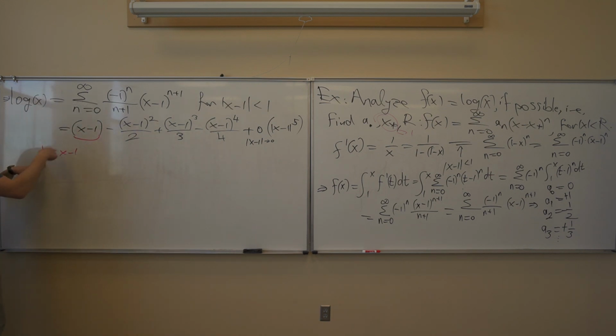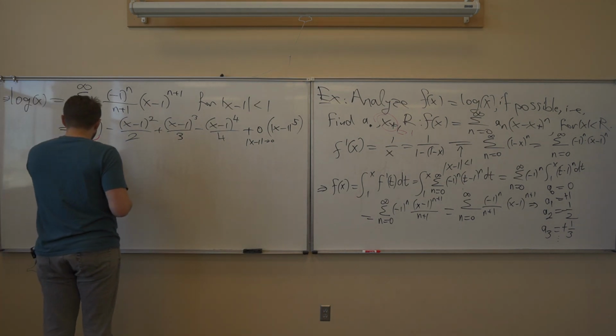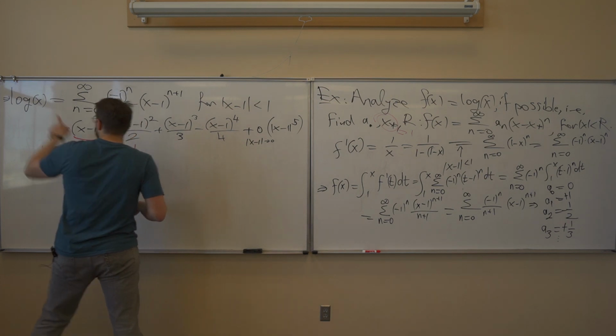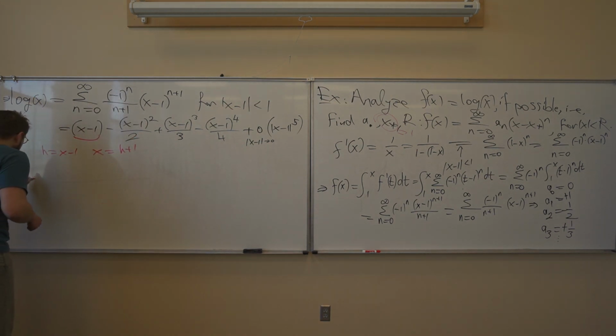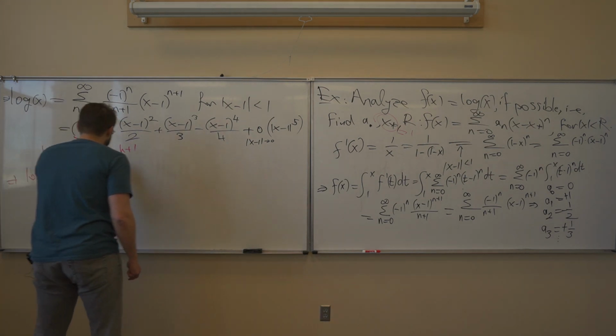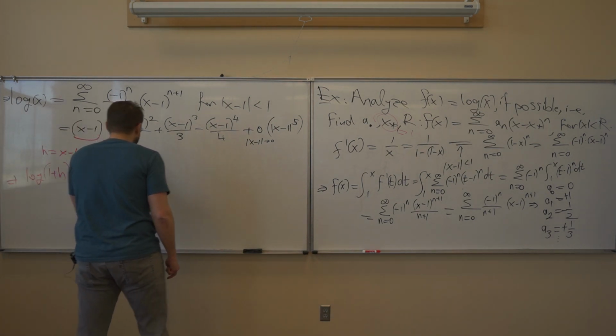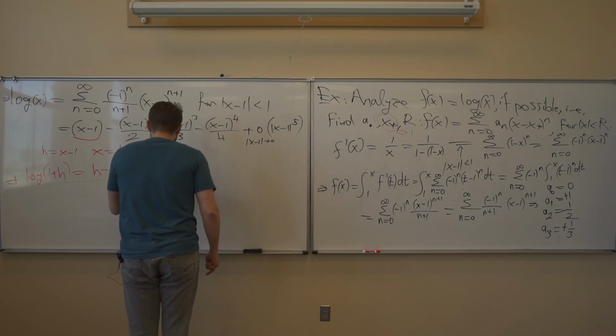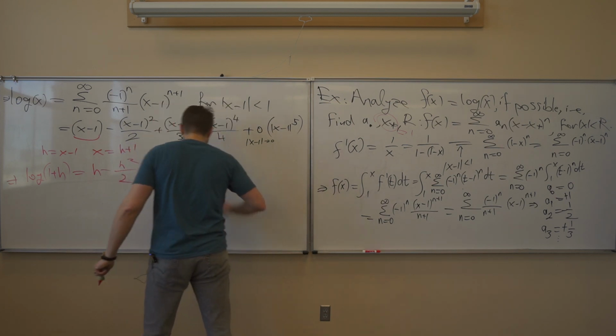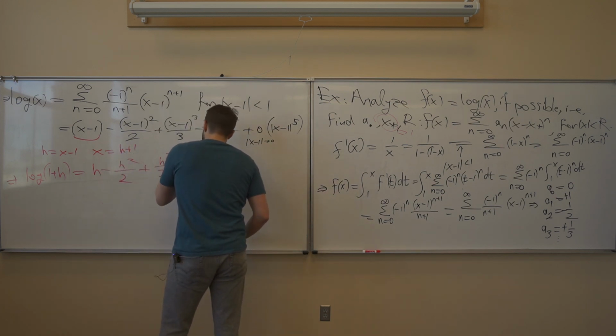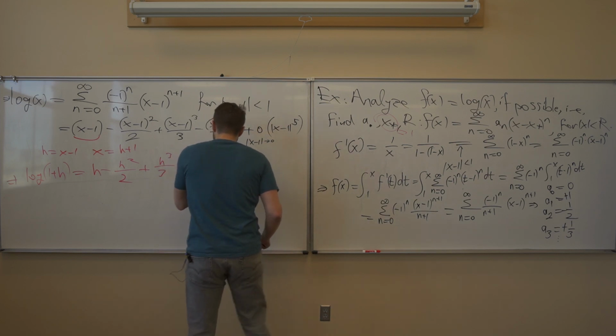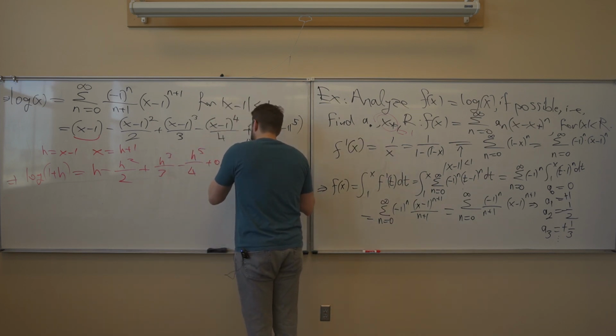Then x would be 1 plus h. So x is some number that is very close to 1. And then this would give me that log of 1 plus h for h small is of the form h minus h squared divided by 2 plus h cubed divided by 3 minus h to the 4th divided by 4 plus little o of h to the 5.